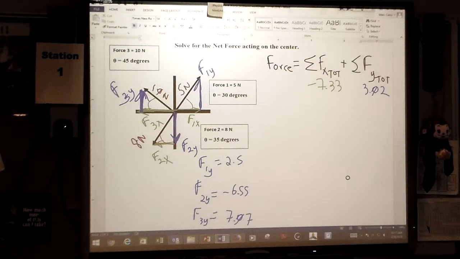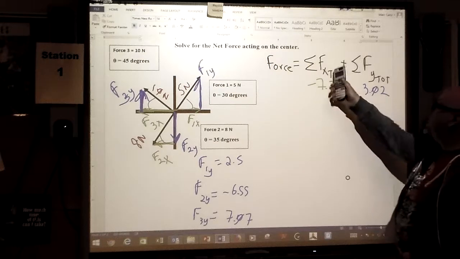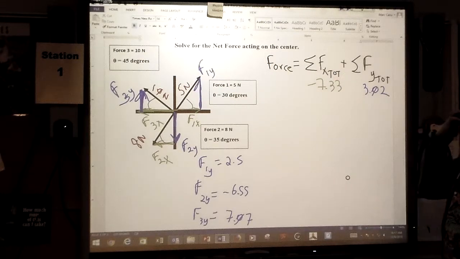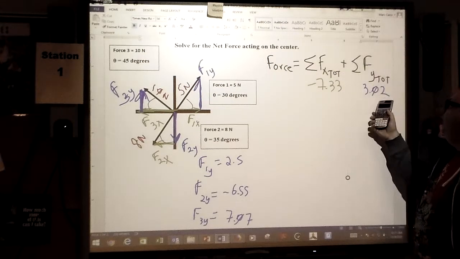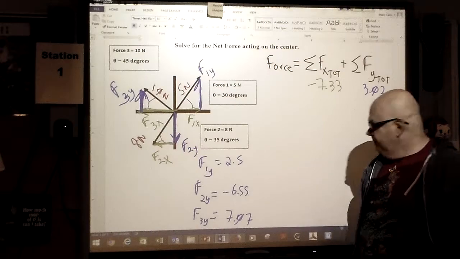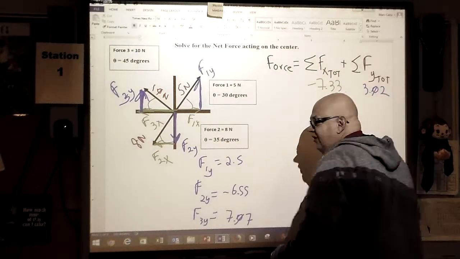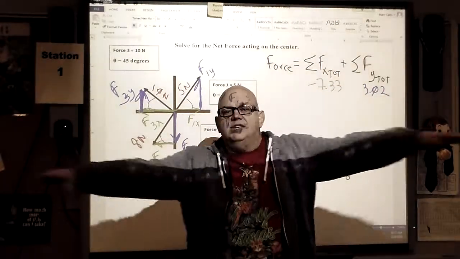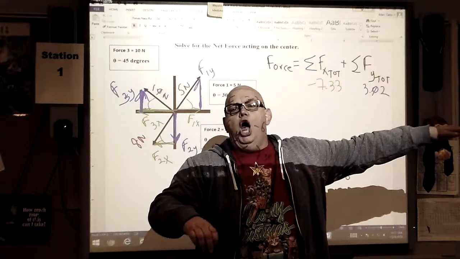So that's what I have. My Fx total is negative 7.33. I have our Fy total of 3.02.